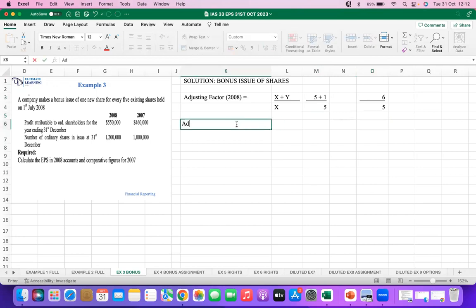So we must also get the adjusting factor of the previous year. The previous year is 2007.